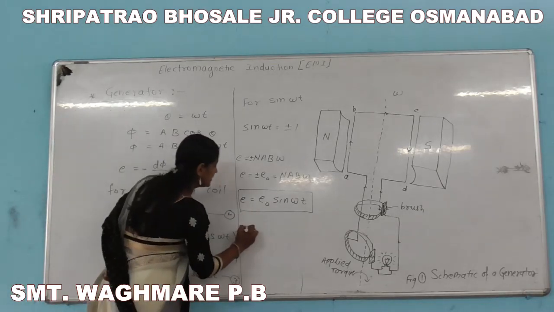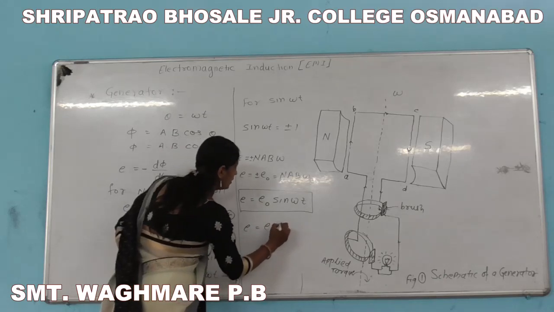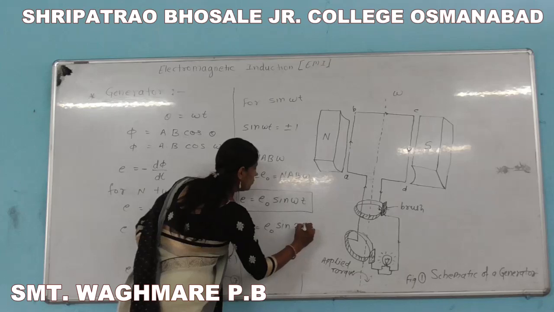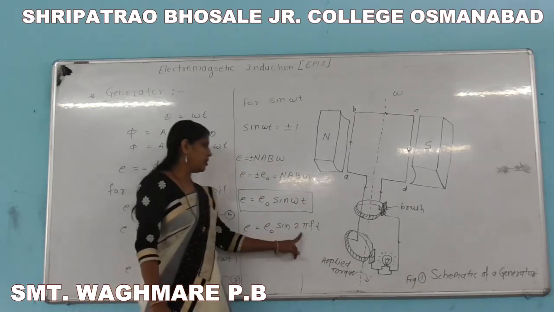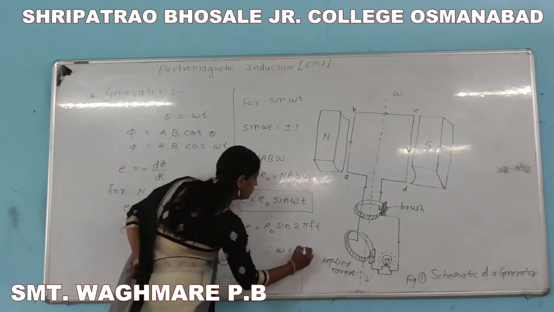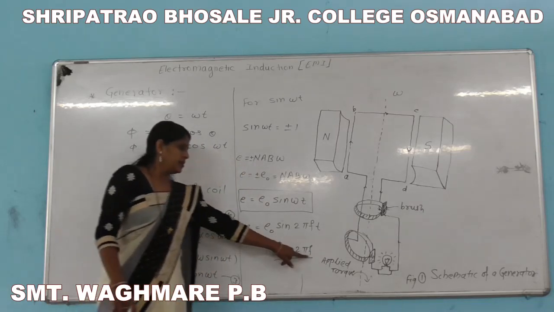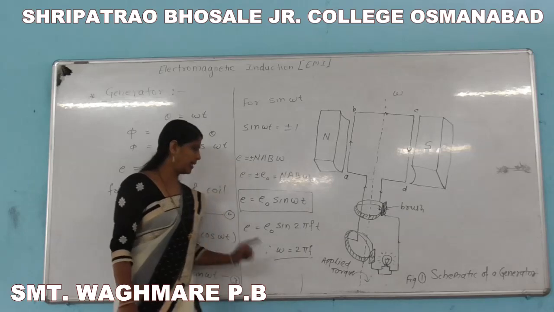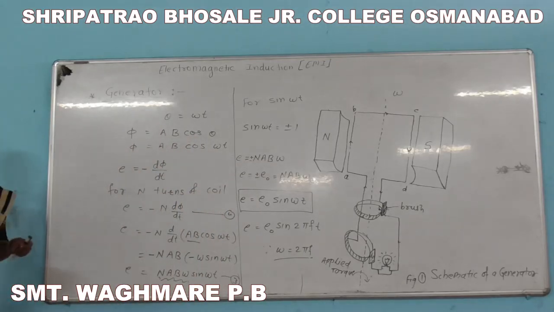Again this equation can be written as E is equal to E naught sin 2 pi f t, where we have used omega is equal to 2 pi f, where f is the frequency of rotation of this coil.